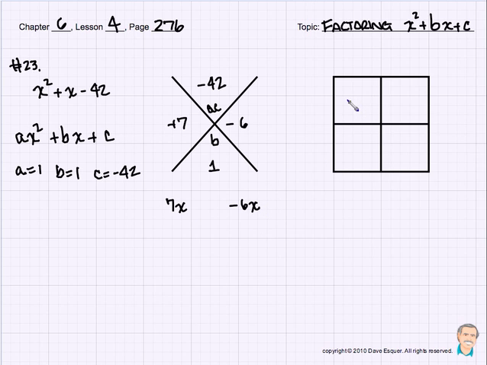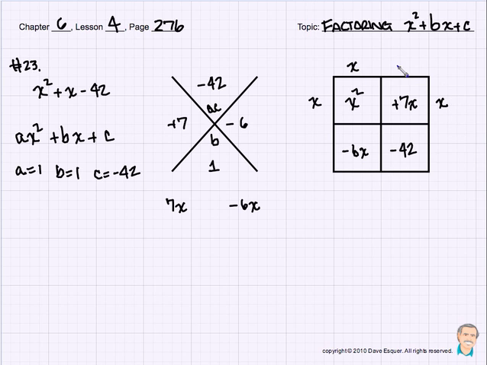Let's go into our box, and we're going to add in the upper left the ax squared, which is x squared. In the lower right, we're going to put in the c, which is minus 42. We have a 7x and a minus 6x to place, so let's stick a 7x up here and a minus 6x down below, sorry. So again, the areas must be x and x in the upper left.